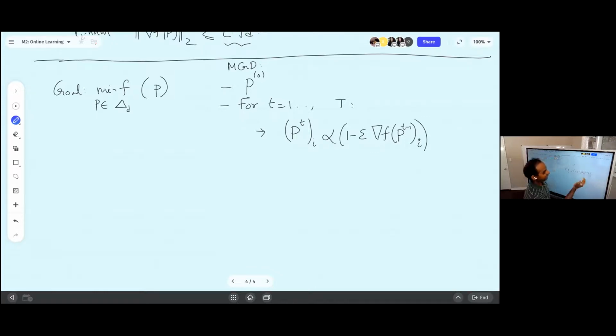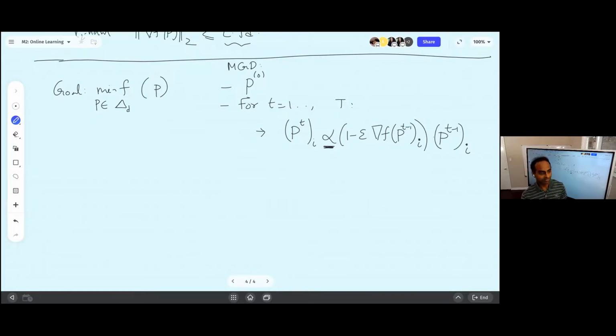Before, we were just subtracting the ith coordinate from the previous ith coordinate, but now I'm going to multiply the previous one with something depending on the gradient. Okay, so this is what I really want to do. And here I'm introducing the proportionality symbol because we need to make sure that after doing this multiplicative update, we are back in the space of probability distributions, right?